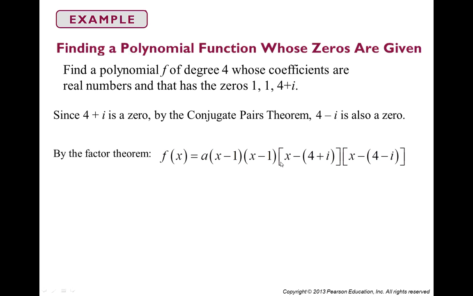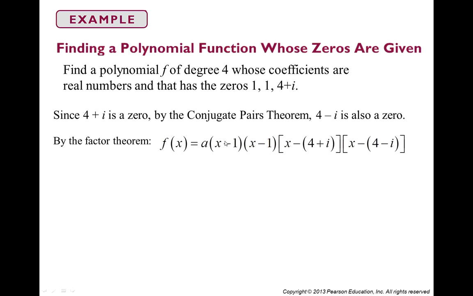So let's write that as roots. We don't know our leading coefficient a, but we definitely know that x minus 1 times x minus 1 takes care of these two zeros. And then you've got x minus the quantity 4 plus i, and then x minus the quantity 4 minus i. And then we gotta multiply this all out. You guys are gonna love this.